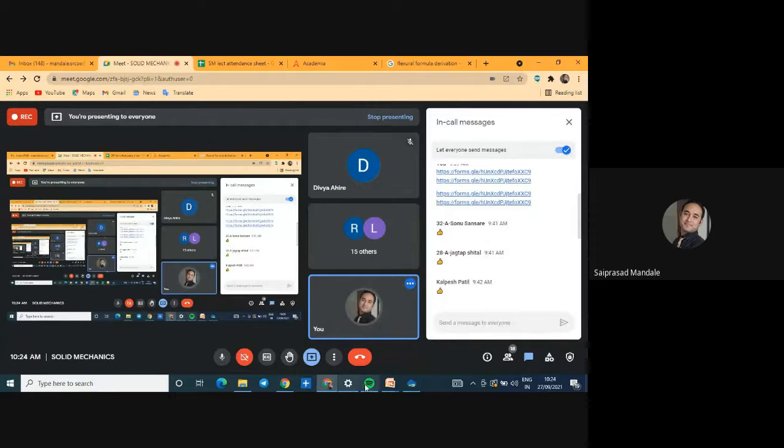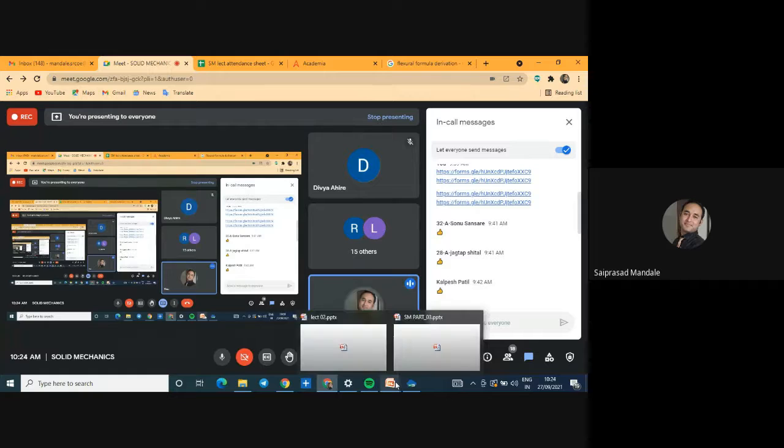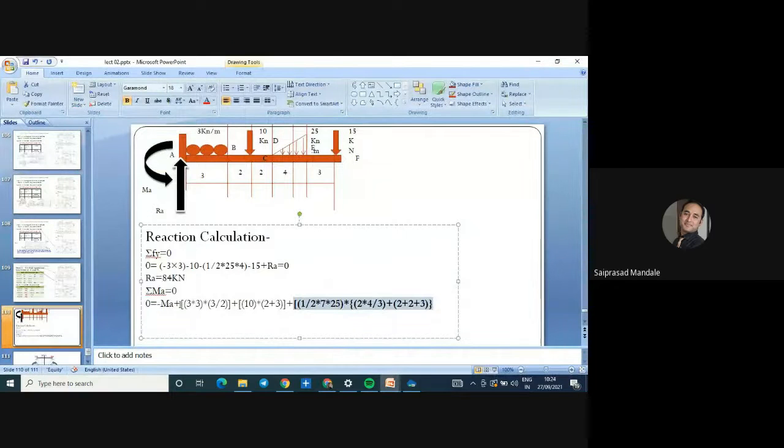Nutan, Divya, can you explain me this equation? Yes, sir. The moment is anti-clockwise, that is why it is negative.